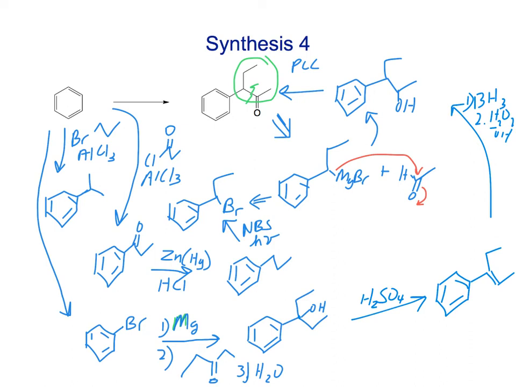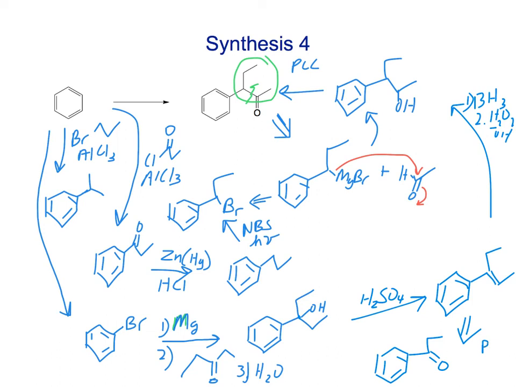Just what I was thinking about before: is there another thing that you could make this alkene from rather than the alcohol? The Wittig, right? So we could also make that from this ketone with the Wittig reagent.